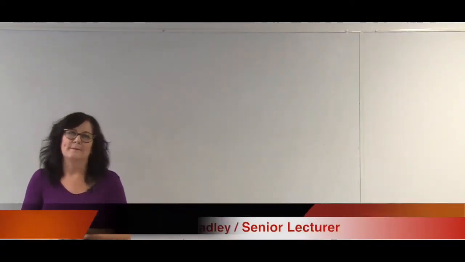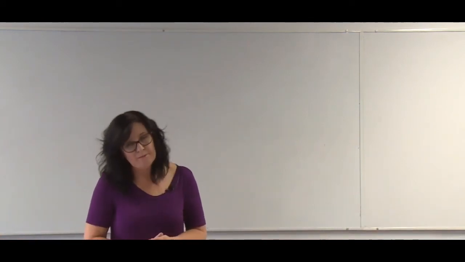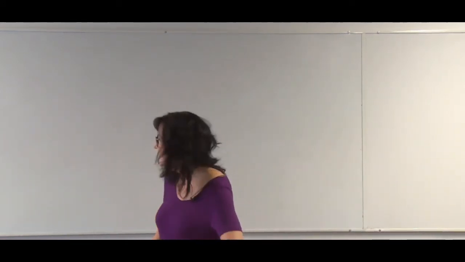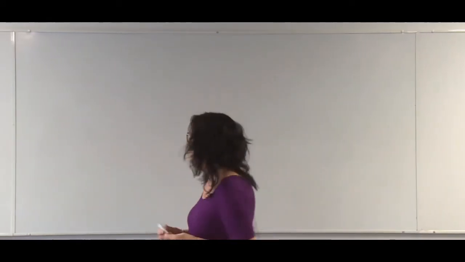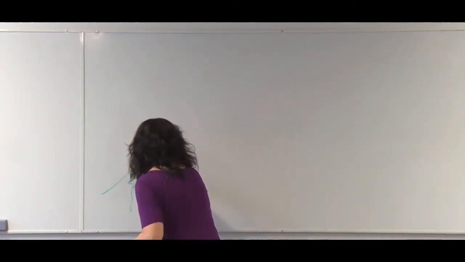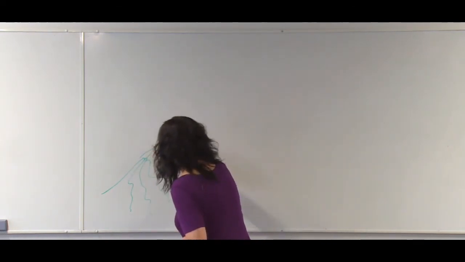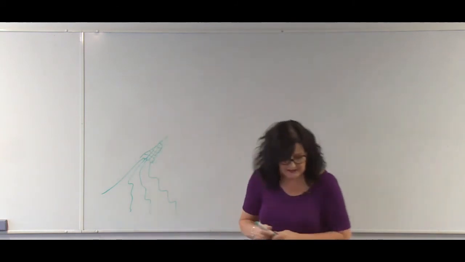So, okay, in summary, we've looked at the pain pathway. So we looked at, if you remember, transduction, which was about those free nerve endings, generation, and action potential. Off we go again.